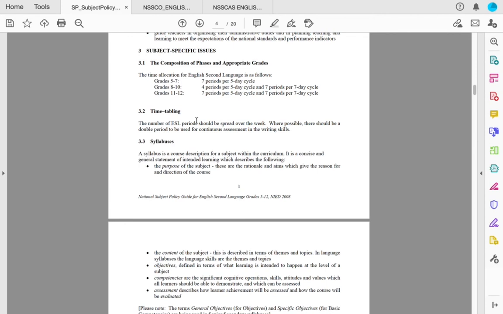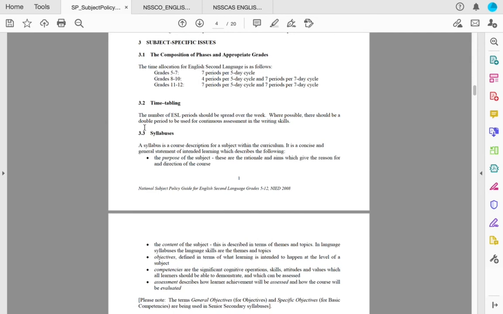Timetabling. When it comes to the English language timetables, they advise that the lessons should be spread out throughout the week, and one should also have some double classes to focus on continuous writing or continuous assessment that the learners will be working on, or it could even be speaking. Like if they have presentations, it will always be good to use the double classes so that you can cover as many groups as possible.